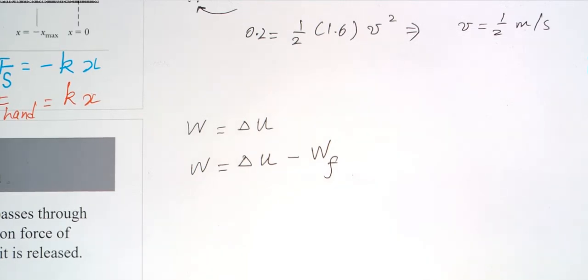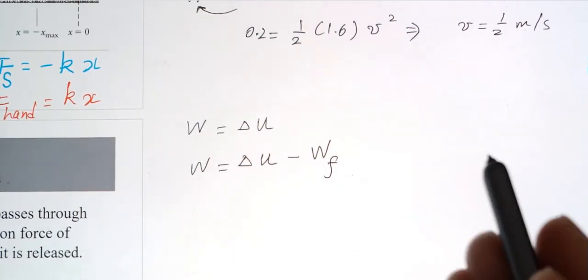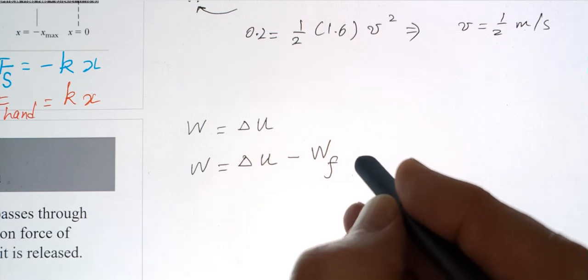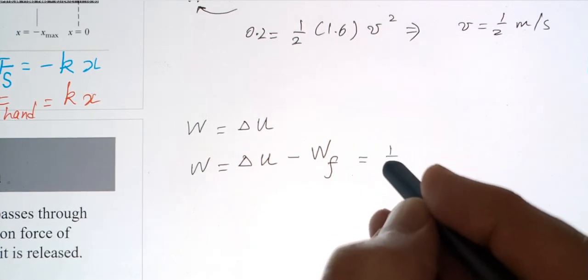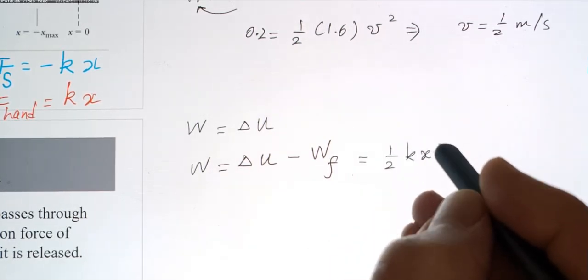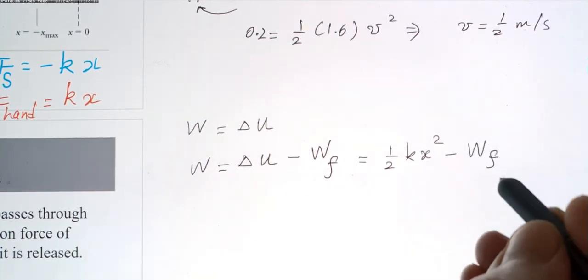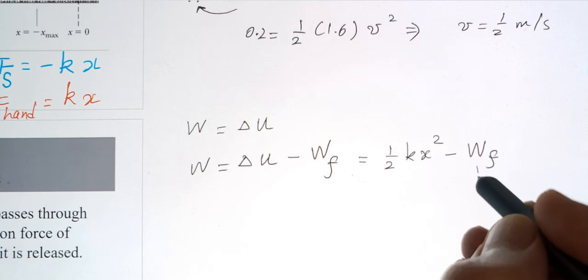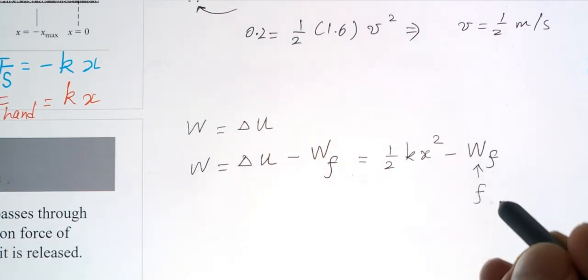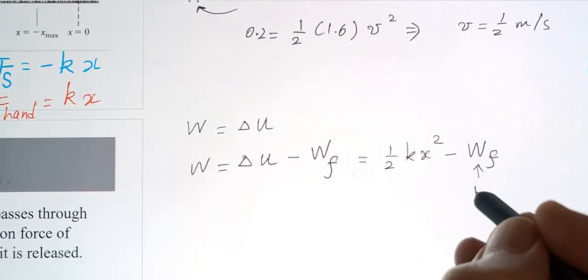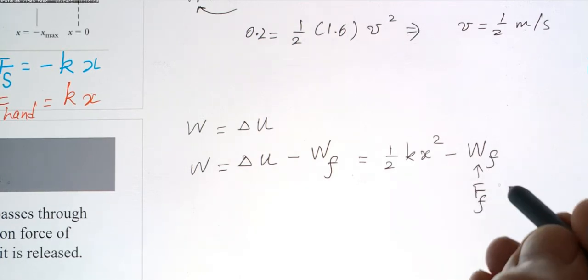Why? Because we will lose some energy due to friction. So delta U is half kx squared minus the work done by friction. What is the work done by friction? It is force of friction multiplied by x.